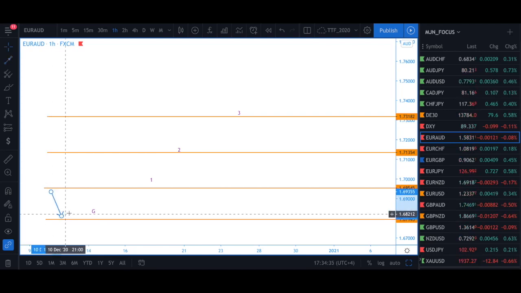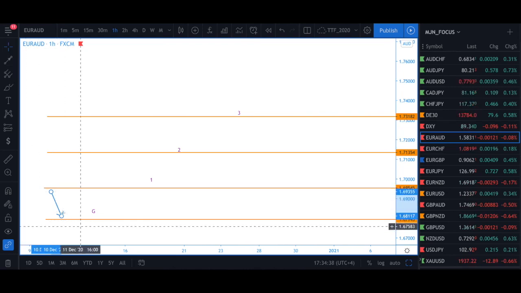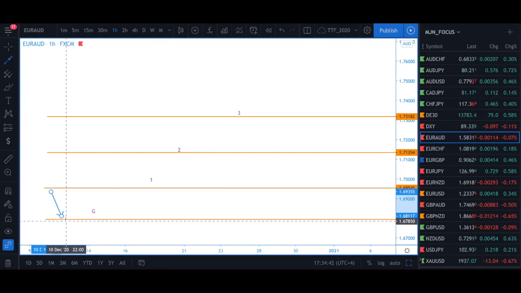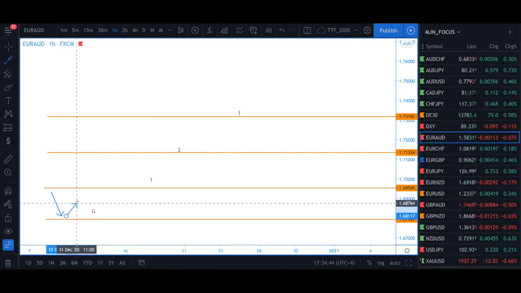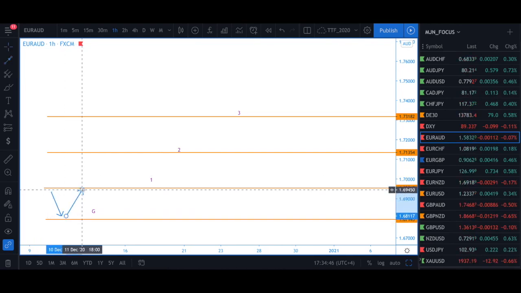Remember, the floor is known as the support, as the price is going to support this level from falling any lower. From the floor, it begins to rise again towards the ceiling, and the ceiling is going to reject the price going any higher, which is known as resistance, and then it begins to bounce from the floor again.